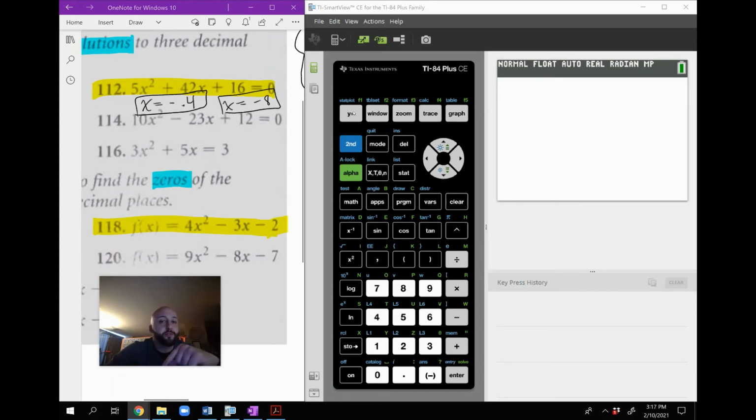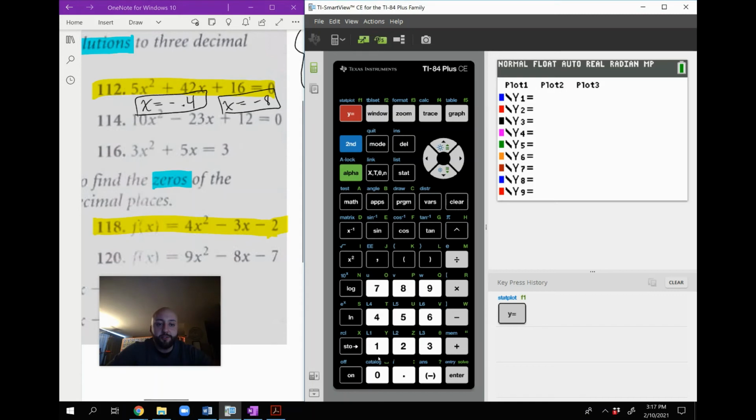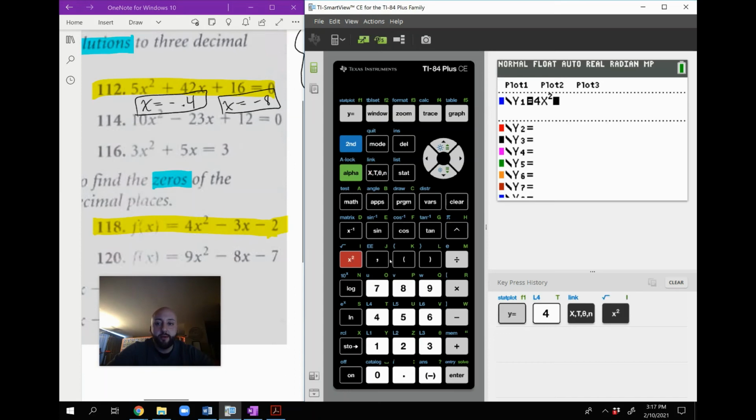I'm going to go through this one very quickly to show you how quick it is to use the graphing calculators once you get the hang of them. For 118, I'm going to go to y equals, just like I did for 112, and type in 4x squared minus 3x minus 2.